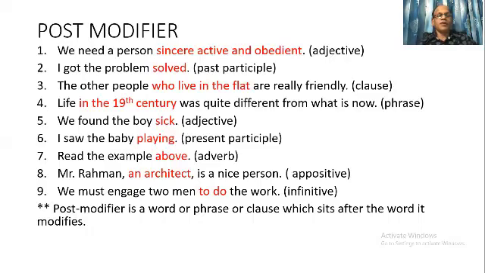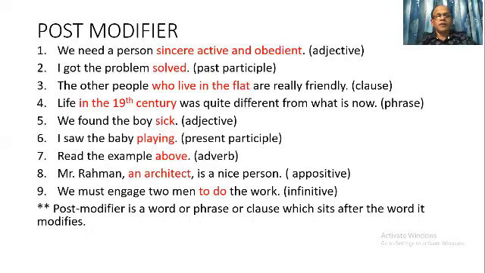Number five, we found the boy sick. Sick is describing the boy. So sick is an adjective here, and it is after the noun boy. Number six, I saw the baby playing. Playing, after the noun baby, is a present participle adjective, and it qualifies the noun baby.